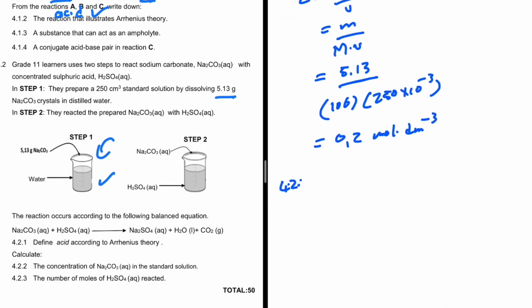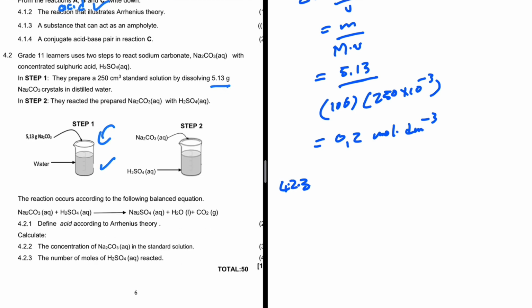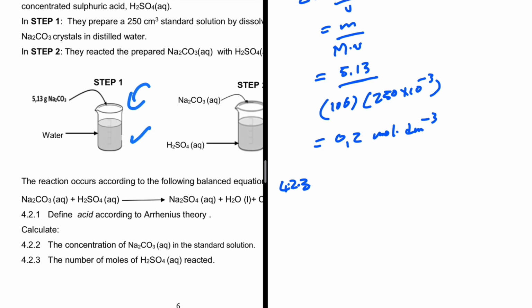What about 4.2.3? We're looking for the number of moles of H2SO4 that reacted. What can we use? We can use the number of moles of Na2CO3 and the balancing coefficients of the two.